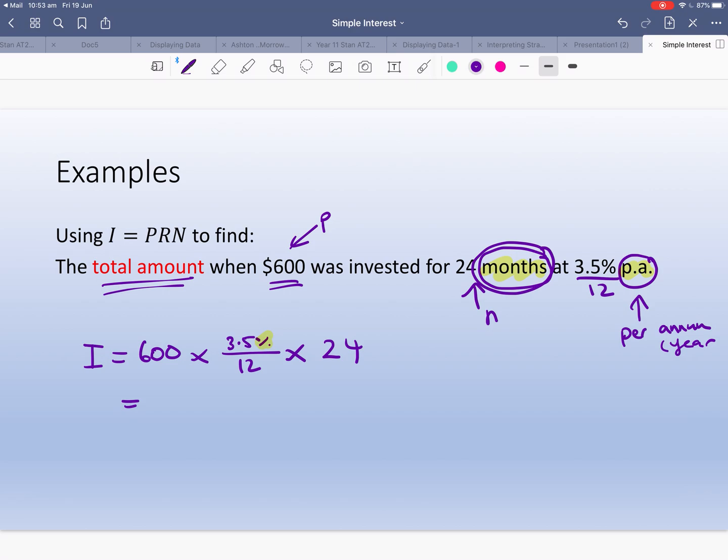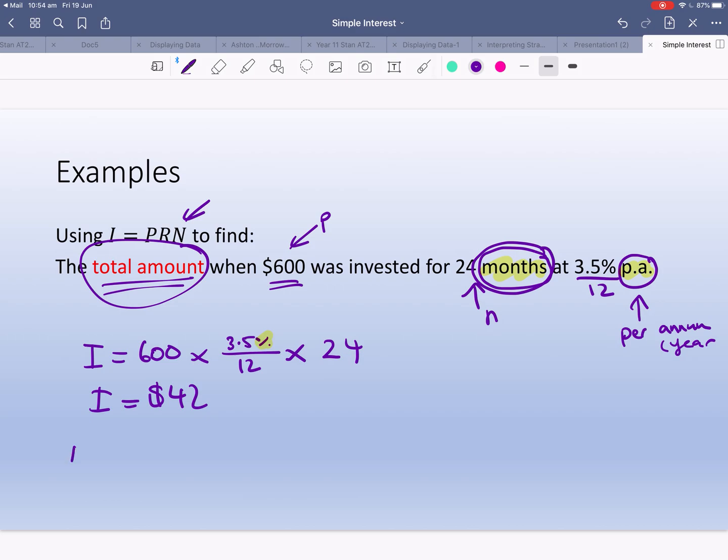So 600 times 3.5%, and we're going to divide that by 12. And then I'm going to multiply by 24, which is our N, our number of time periods. And I get $42.